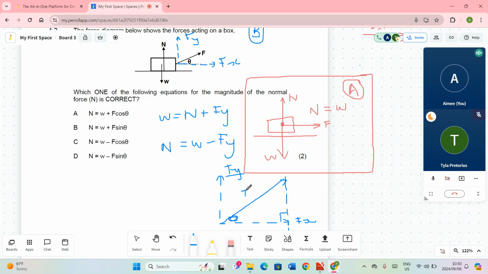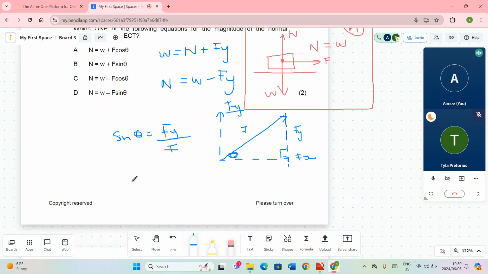This is F. And this is Fy. So this is opposite. This is hypotenuse. So sine theta is equal to opposite, which is Fy, over F. We rearrange to make Fy the subject of the formula.